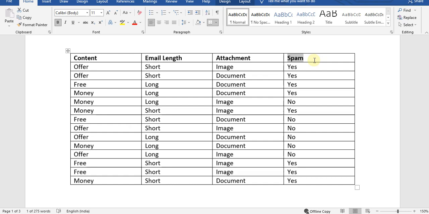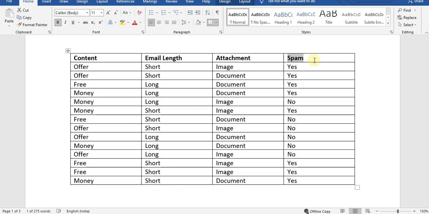Now if you go to the third feature, that is attachment, again this attachment feature has 2 values. One is image, another is document. So the attachment may be an image, the attachment may be a document. So these are the 3 features given and the outcome is also given.